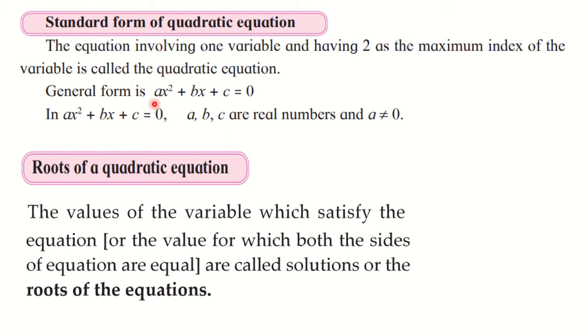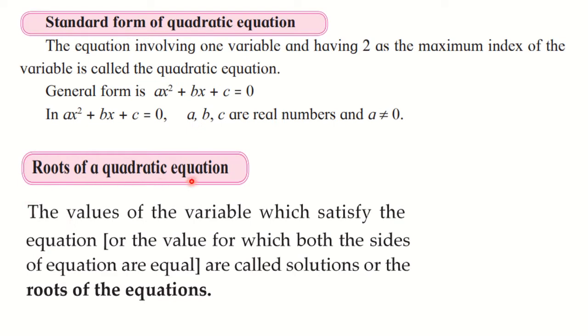The general form is ax square plus bx plus c is equal to 0, where a, b, c are real numbers. But the condition is what? A cannot be 0, because if A is 0, then the equation will not be a quadratic equation. Its index will not be 2. So it's compulsory that A cannot be 0. B and C can be 0, but A cannot be 0.